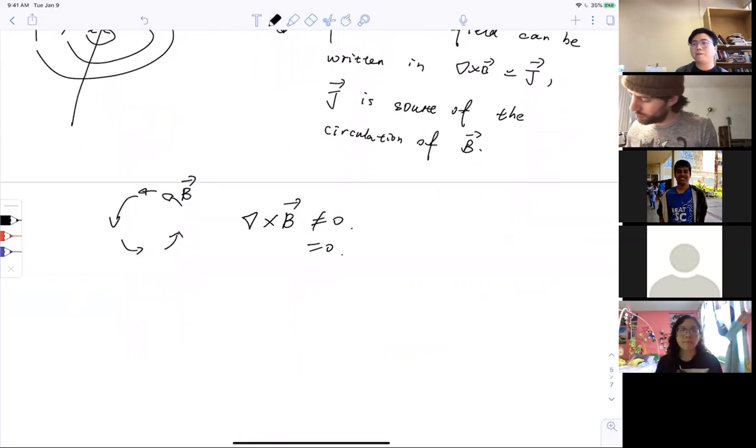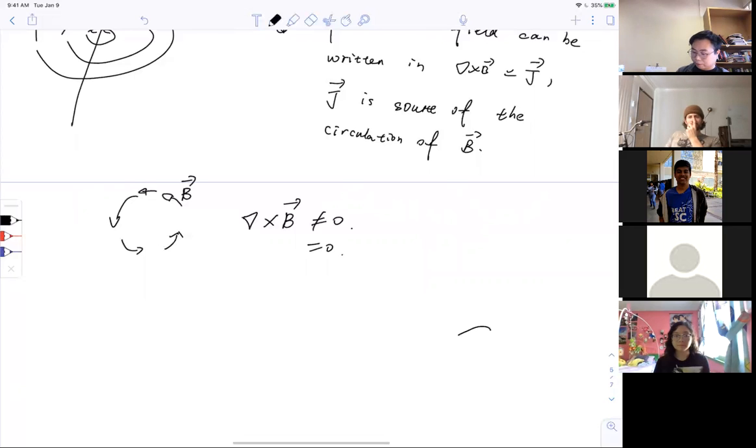So basically now if you give me a vector field on a two-dimensional plane or whatever, you can say by eye, roughly speaking, that in this region there should be some non-zero curl.